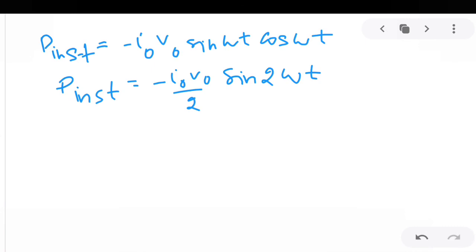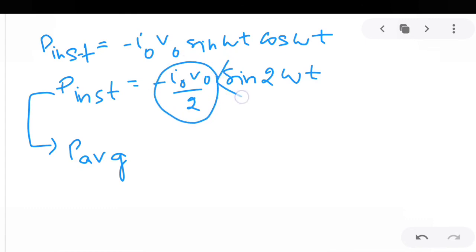Now if you have to take the average power from this, then we have to take the average value. The constant stays, so we have to take the average value of sine 2 omega t.